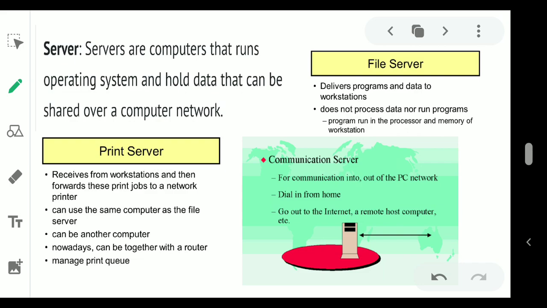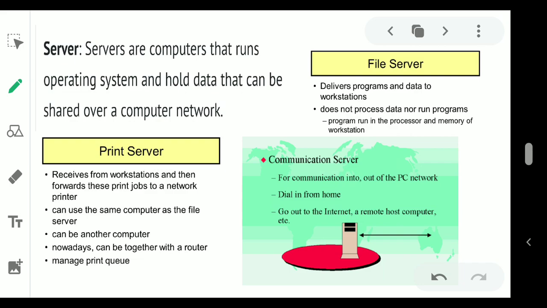Next is the print server. Print servers are used to allow the network computers to share one or more common printers. A print server usually has more than one port so that several printers can be attached to a single server.